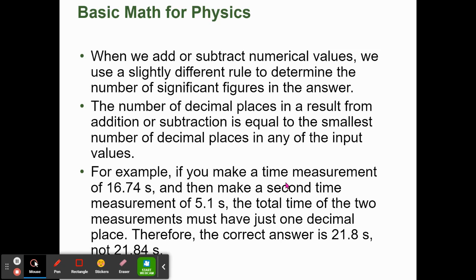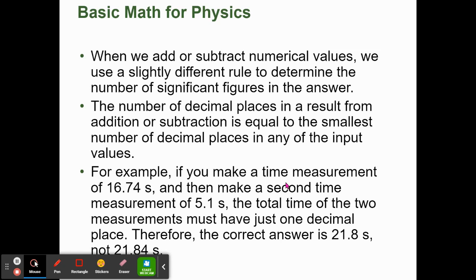Not for multiplying and dividing. The least number of significant figures. Okay? So when we multiply and divide numbers or measurements, our answer can only have as many significant figures as the least number of significant figures in the problem.